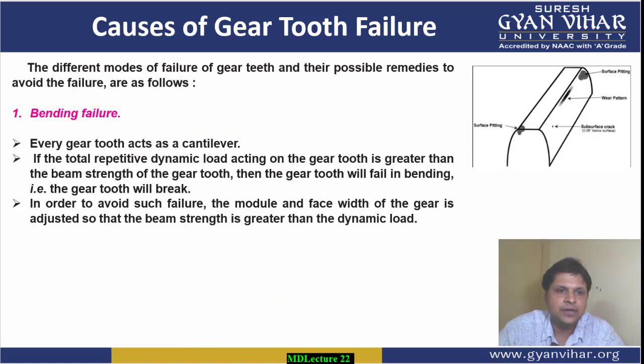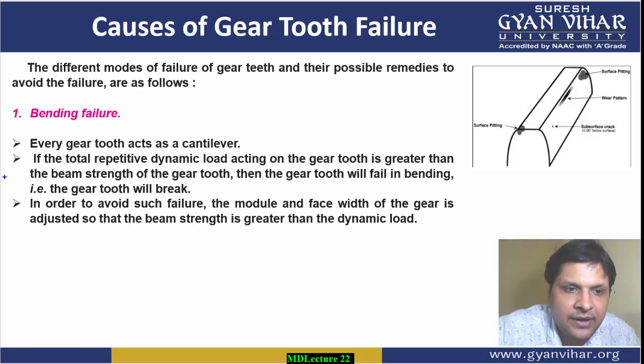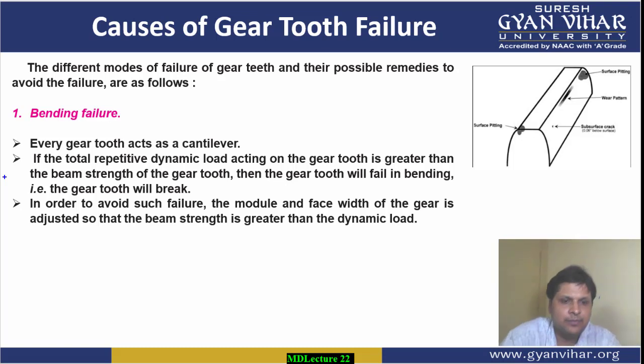Then after, if the total repetitive dynamic load acting on the gear tooth is greater than the beam strength of the gear tooth, then the gear tooth will fail in bending. That is, the gear tooth will break.